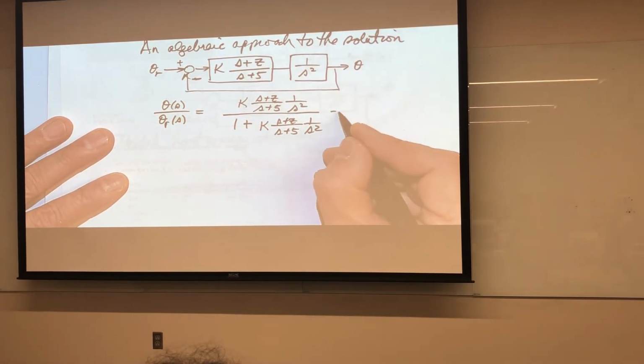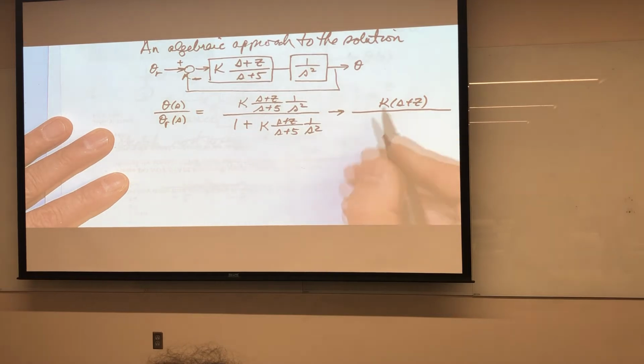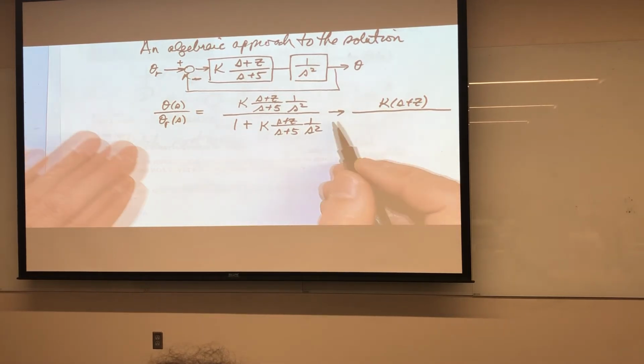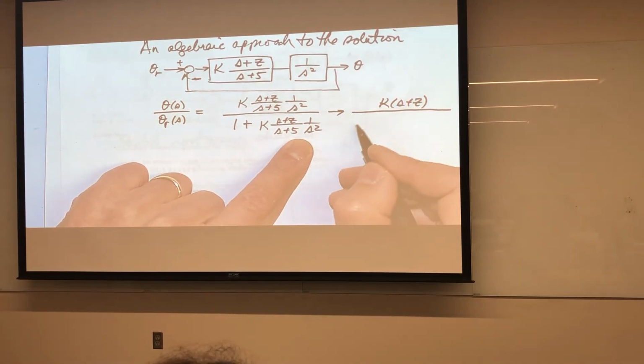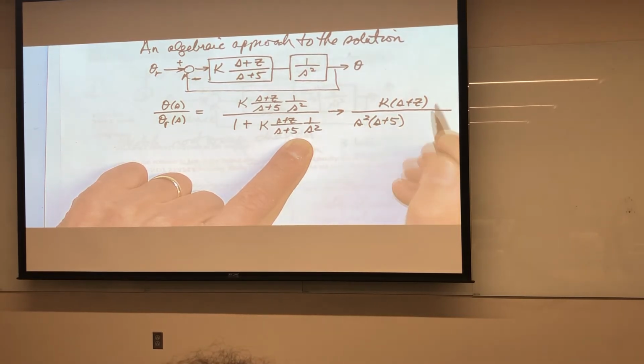And we're going to clean up the algebra a little bit, and we get k times s plus z on the top, and in the bottom, we're going to get s squared times s plus 5 plus k times s plus z.